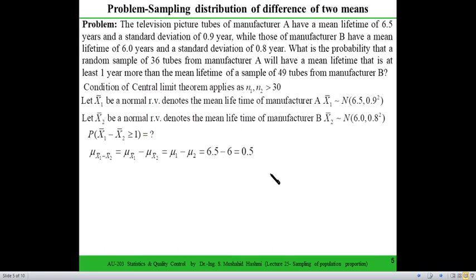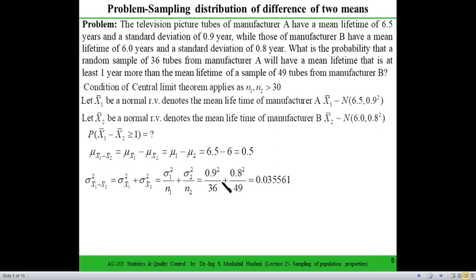Similarly, we can work out the variance of the difference of their sample means, which would be equal to the sum of the variances. Now you look at the variances, 0.9 square and 0.8 square, and because of the sample sizes, this resulting variance is different from the individual population variances.